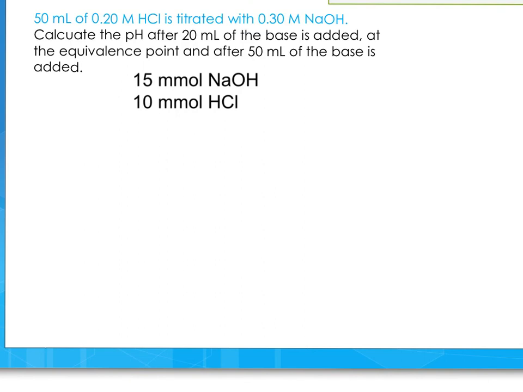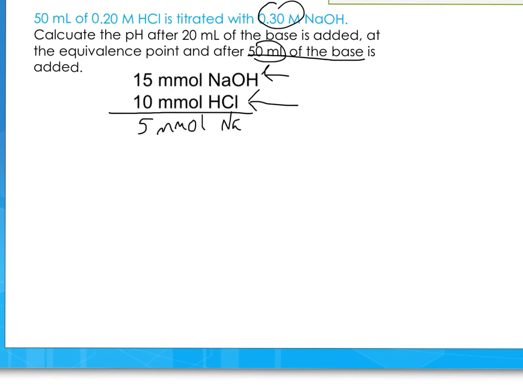Next slide, we want to calculate what is the pH after adding 50 milliliters of base. Now, remember we started out with 10 millimoles of HCl. 50 milliliters of base, that would be the volume in milliliters times concentration in molarity, gives you 15 millimoles of NaOH, and that NaOH will consume all the HCl, and you'll be left with 5 millimoles of NaOH.